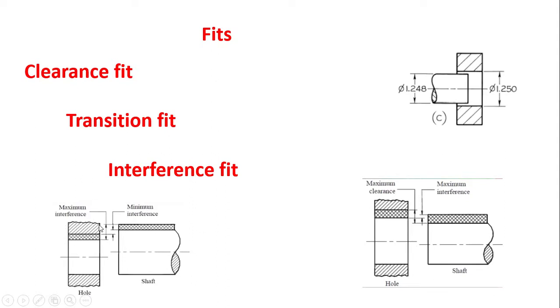And if we consider the interference fit, we can take the ring and hub example, which won't permit rotation inside it, so it is completely fixed.